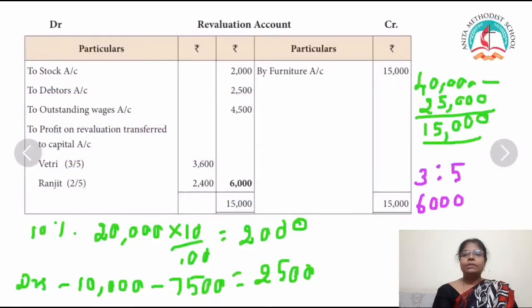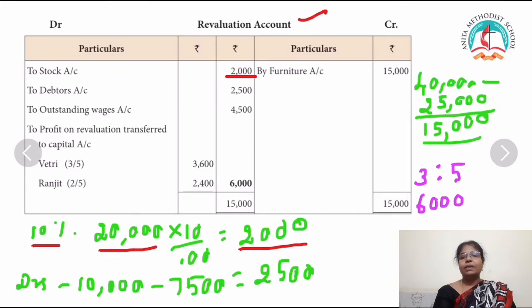So now we have to prepare the revaluation account. Stock is to be depreciated by 10% and the value of stock is rupees 20,000, and the 10% comes to 2,000. So there is a decrease in the value of an asset, stock account 2,000. And the next one is debtors is to be revalued at 7,500. So the difference comes to 2,500, to debtors account.